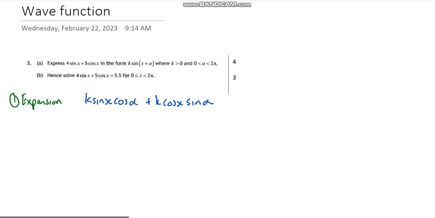The next thing we're going to do is just rewrite this. Okay, so what I'm going to do is I'm going to take my cos alpha and my sine alpha, and I'm just going to move them to the front of my formula. So I've got k cos alpha sine x plus k sine alpha cos x.